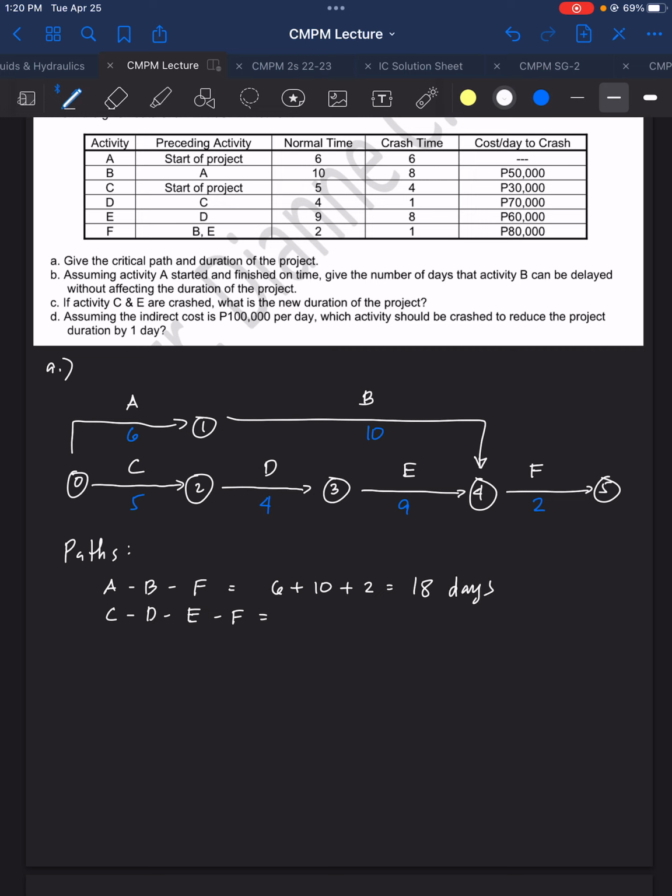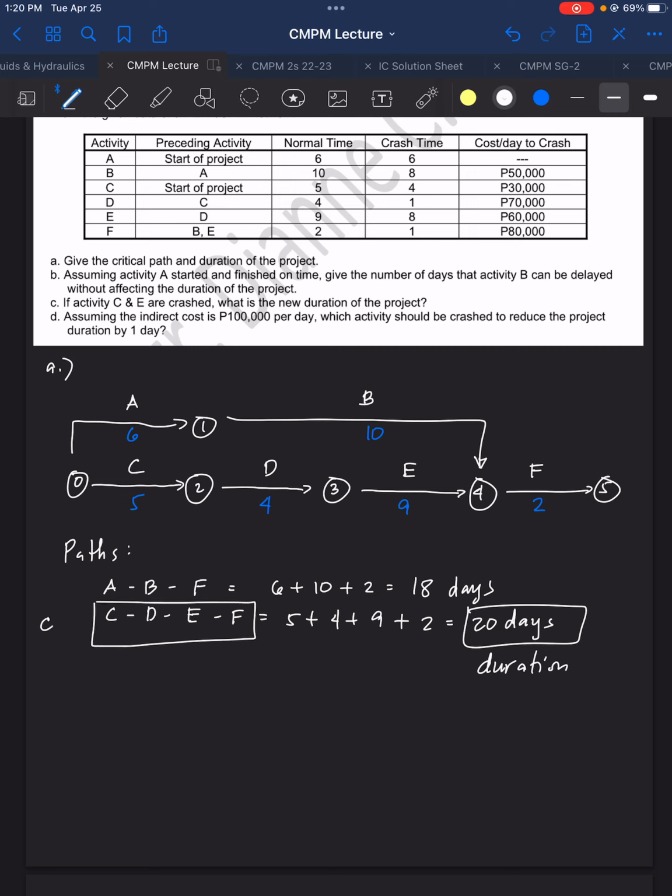And then we have C, D, E, F as 5 plus 4 plus 9 plus 2, and that is 20 days. So, this is the duration of the project. And this is the critical path of the project.